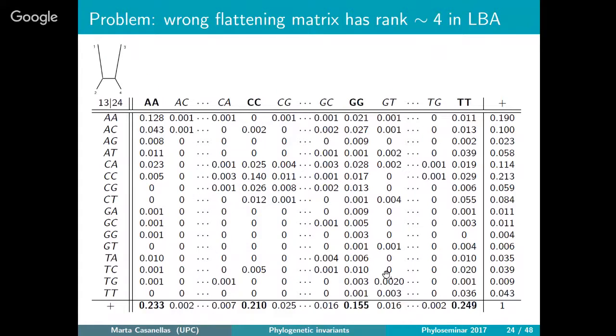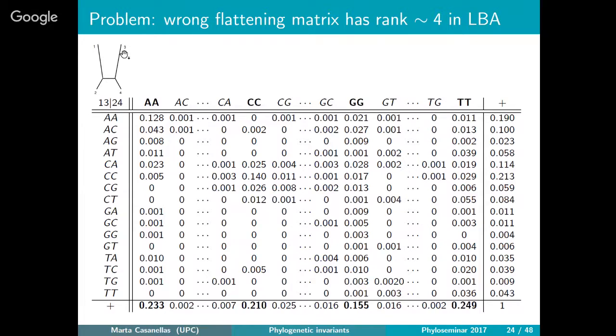Let's consider this tree in the Felsenstein zone, where species 2 and 4 are close together, but the true tree topology is this one that splits leaves 1 and 2 against 3 and 4. And let's consider the wrong flattening, where I consider the bipartition 1, 3 against 2, 4.